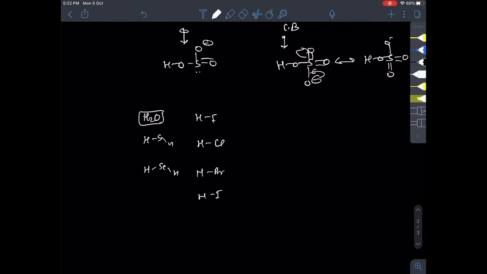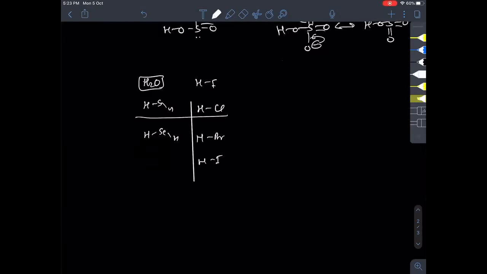Now when you compare in the same period and when you compare in the same group, we need to observe two different things. When you discuss hydra acids in a period, if you remember periodic properties a little, you know that in a period there is not a very big difference in the atomic sizes of two adjacent atoms. Whereas if you talk about a group, then when you are moving down, atomic size considerably increases, and because of this considerable increase in size, the dominating factor here is atomic size.